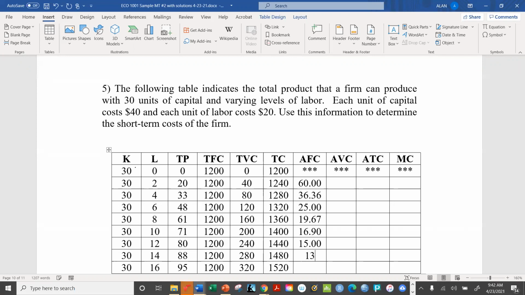And if you get stuck, if you forgot how this works, you can always send me emails. Now, average variable cost, this is different because the variable costs are just increasing steadily, 40, 80, 120, et cetera. In each case, I'm simply dividing by the total product. So this one is 40 over 20.